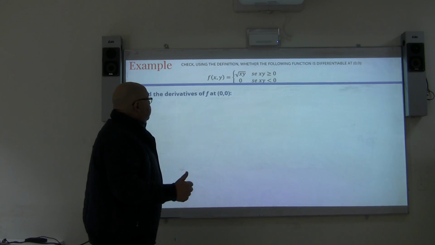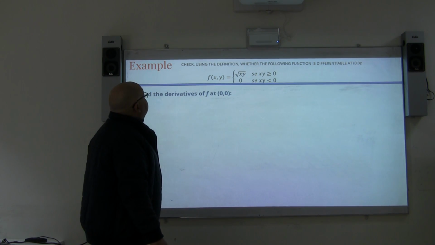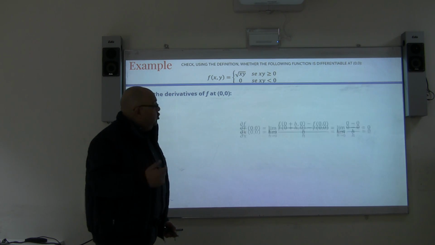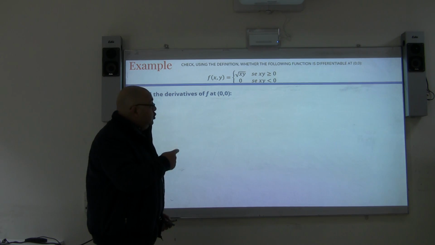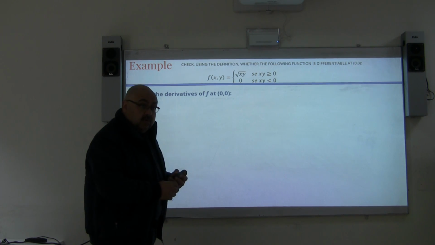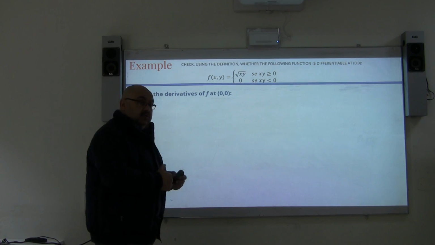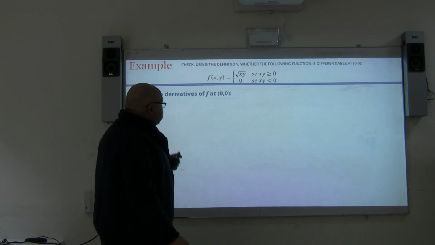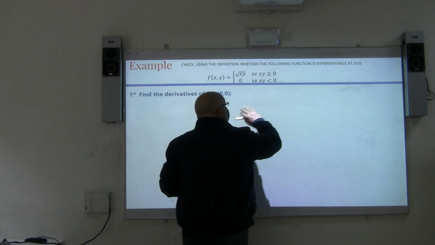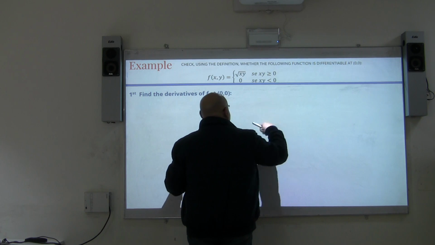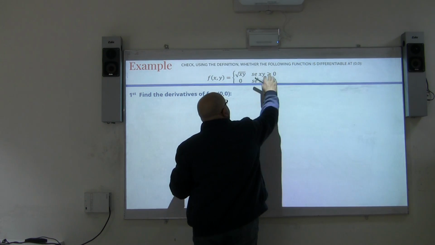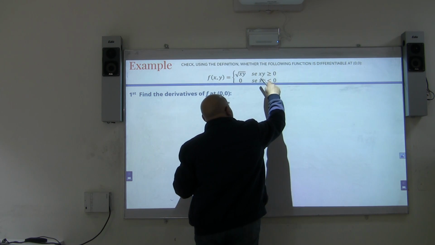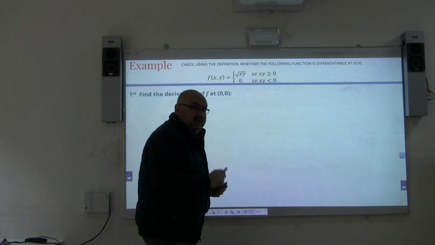So, first step, I will try to find the derivatives of f at (0, 0). I can do it using the law, or also using the general equation of the derivative. But in this case, since I'm separating the domain of R2 into the first and third quadrants, and the second and fourth quadrants, I will have to use the definition.